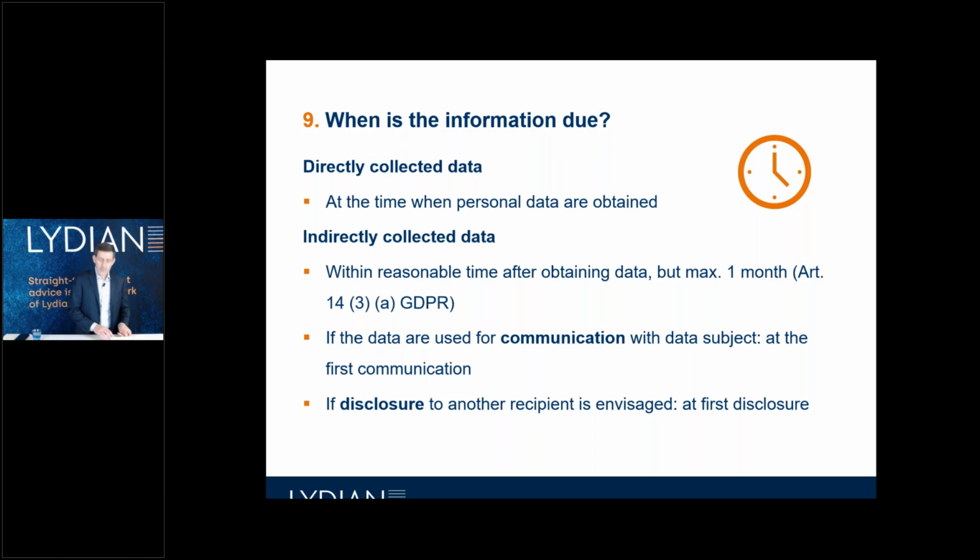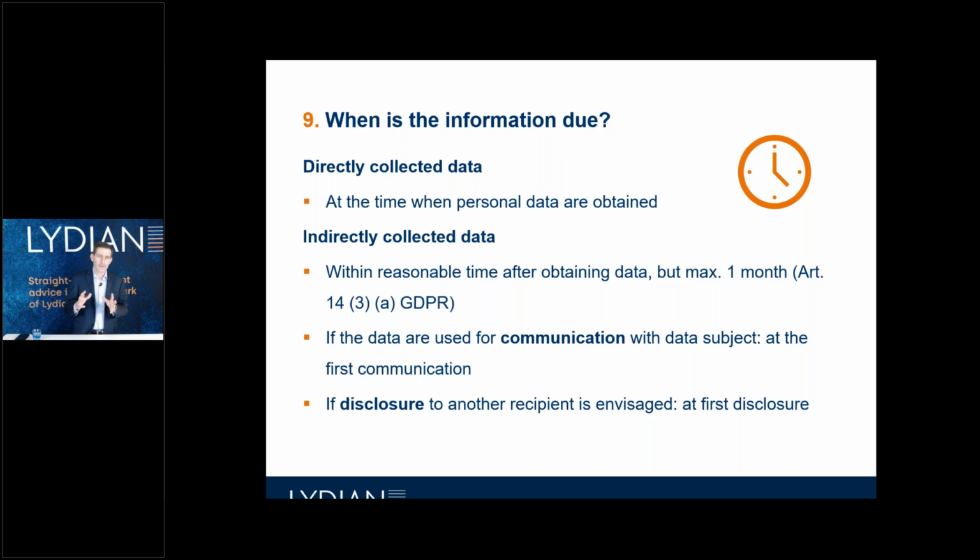When exactly do you need to provide the information? There again, a distinction is made between directly collected data and indirectly collected data. If data is collected directly, you should provide the information at the time that you collect the data from the data subject. So that is very simple.